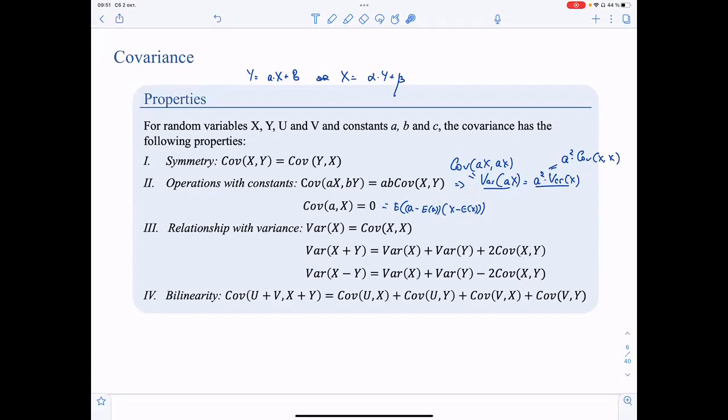And then, as we said, a variance of X by definition is a covariance of X with itself.